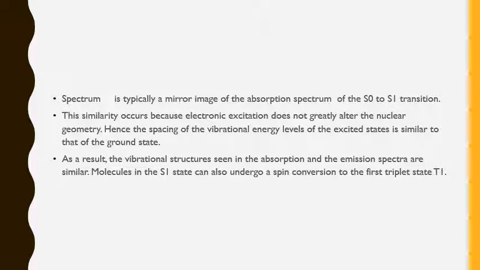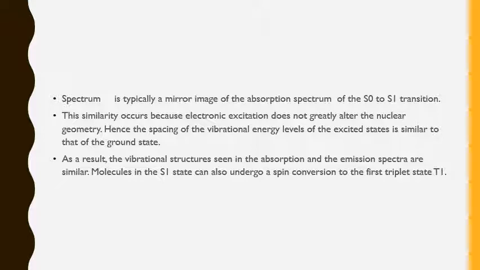The spectrum that we obtain is typically a mirror image of the absorption spectrum of S0 to S1. This similarity occurs because electronic excitation doesn't greatly alter the nuclear geometry. Hence, the spacing of vibrational energy levels is similar to that of the ground state.